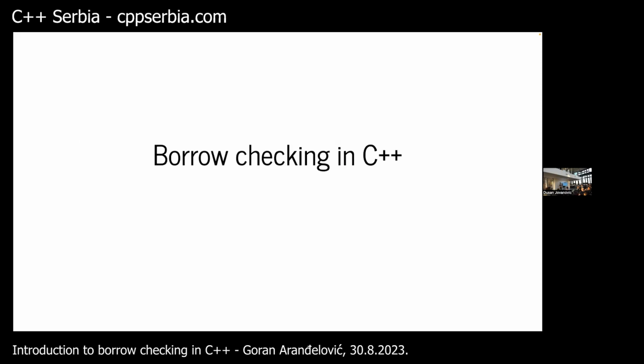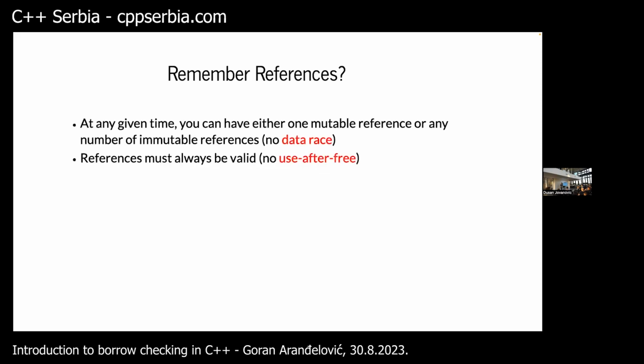This was just a brief mention of what is done in Rust, and I would say that this is very important, because you will see this enforces checks at compile time, while we are trying to do the same thing in C++.